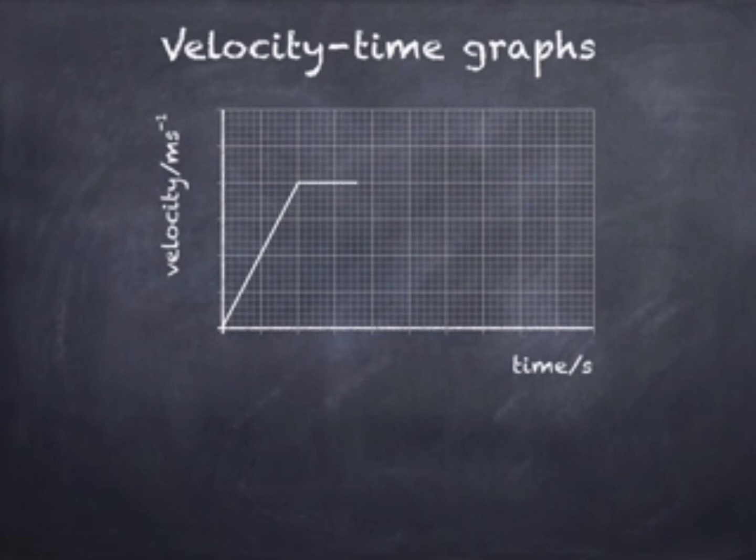The horizontal line represents a constant velocity, and a straight diagonal line which goes down from left to right represents the deceleration or negative acceleration. If the object has the same decrease in velocity over a short time, like this, the deceleration will be greater.